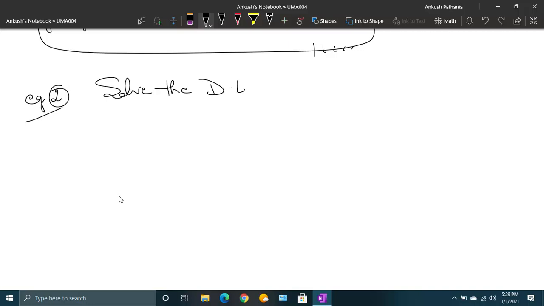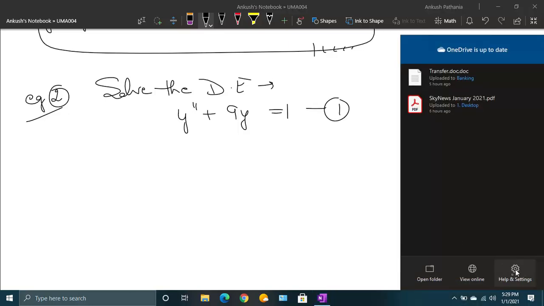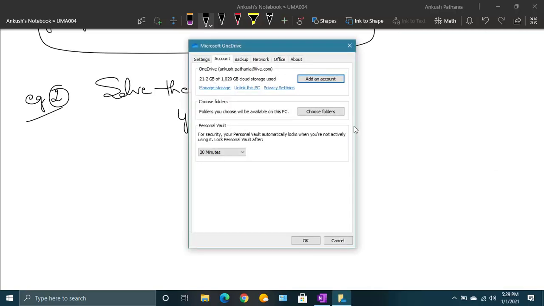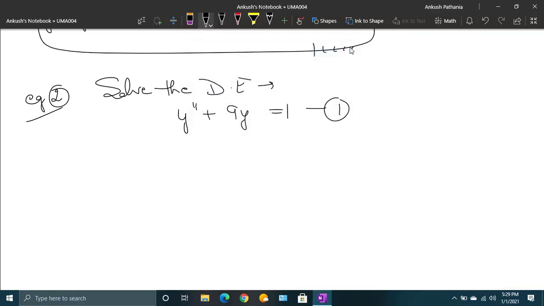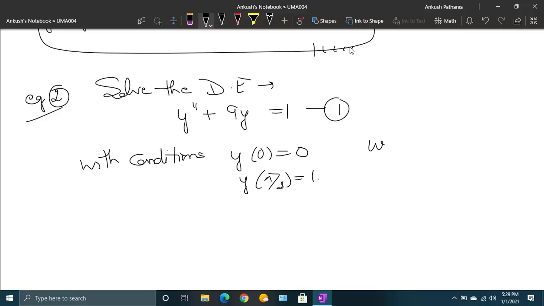Solve the differential equation y double dash plus 9y is equal to 1, with conditions y(0) is equal to 0 and y(pi by 2) is equal to 1, using Laplace transform.